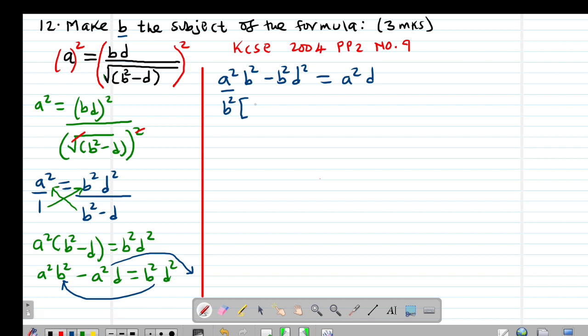So here I'll remain with A squared, then of course minus, here I'm going to remain with D squared, which is equal to A squared D.